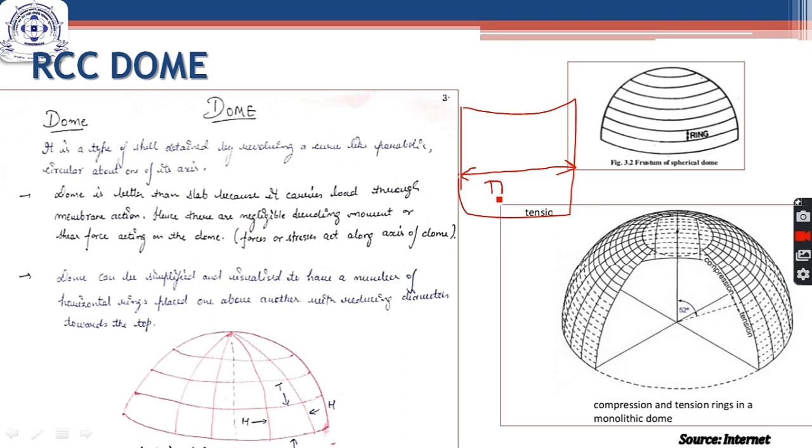To support this diameter, we would need a huge slab on top of the tank. When we design that type of slab, we will get very large moments and shear forces, which will lead to a very bulky and uneconomic RCC slab at the top.